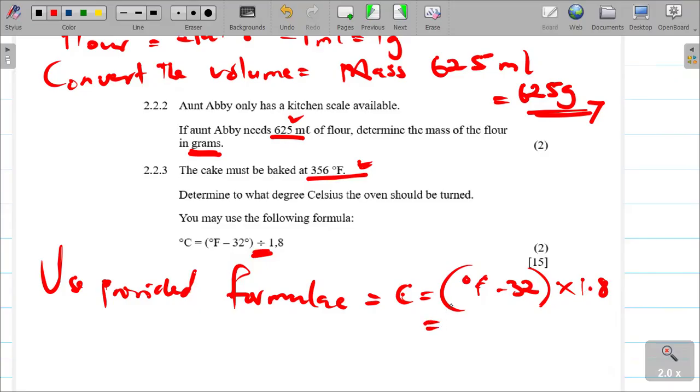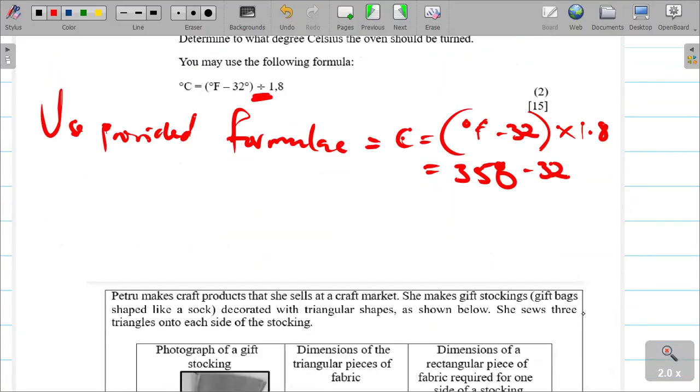We substitute the figures: our F is 356, minus 32, times 1.8, multiplied by 1.8.